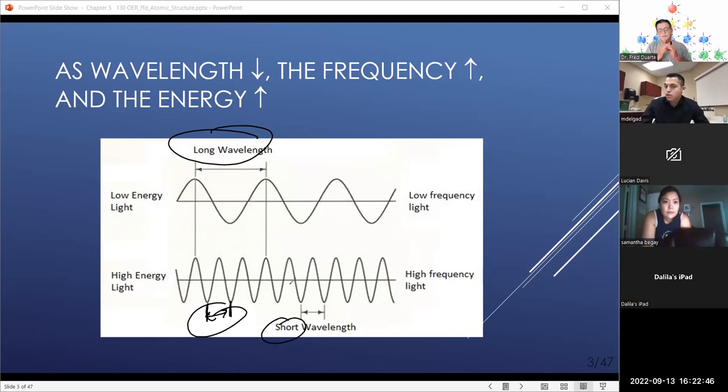Now, what is associated with light that has long wavelength is that electromagnetic radiation has energy associated with it. Sometimes it is very weak energy, sometimes it's very strong energy.